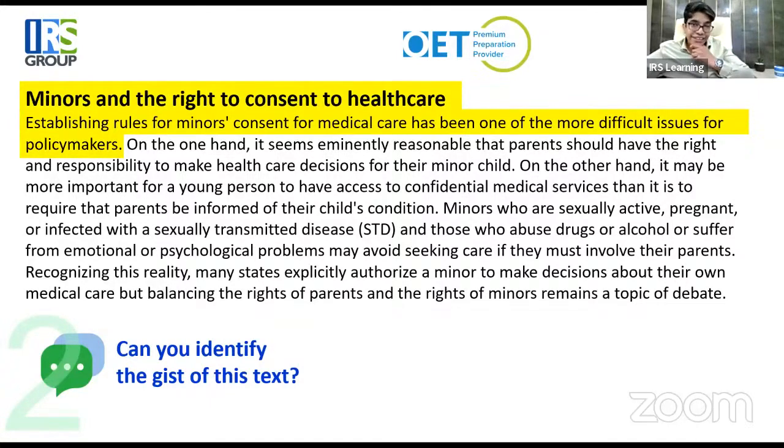So here is the heading and the topic sentence. Yes, it talks about the difficulty, and the heading says minors and the right to consent to healthcare.